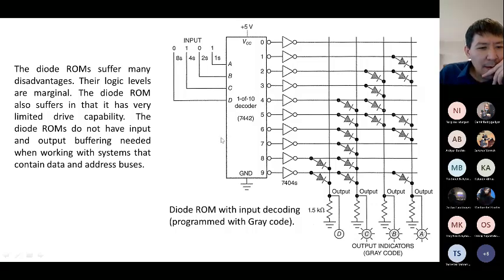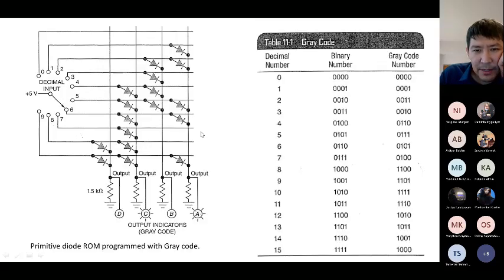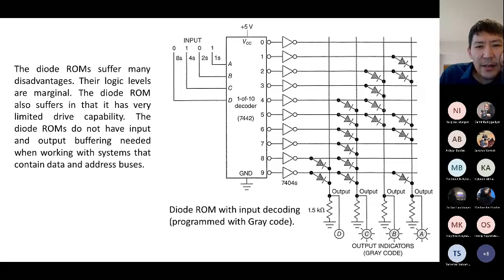Okay guys, let's consider this one. It's similar to the previous one, but there we converted from decimal to gray code, and here your input is binary, right? So this decoder will convert to decimal, and the decimal output is connected to the proper connections of these diodes.